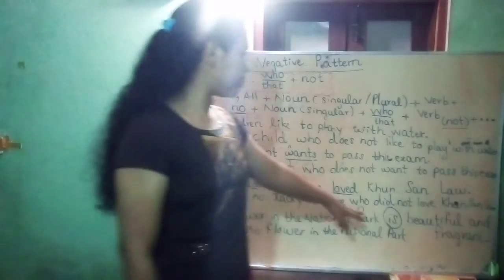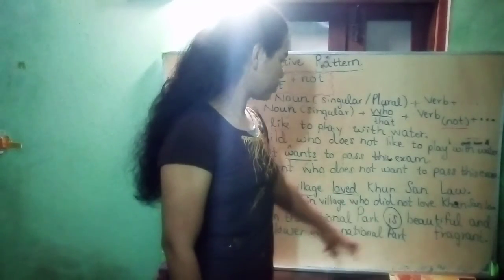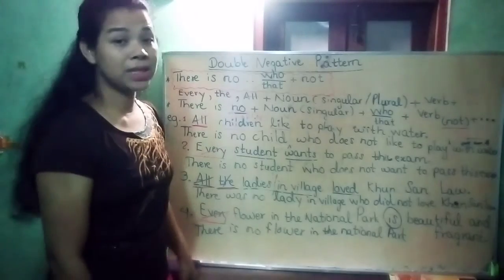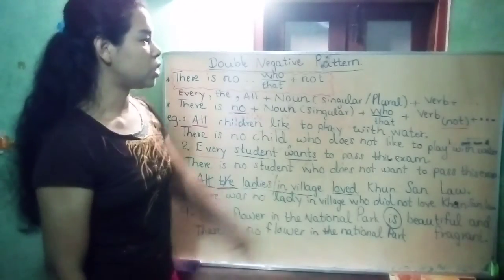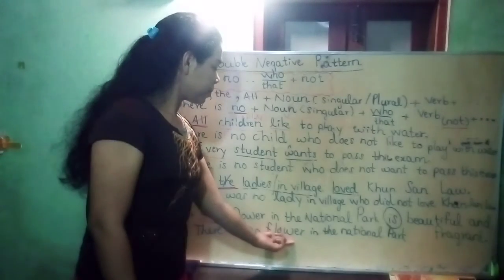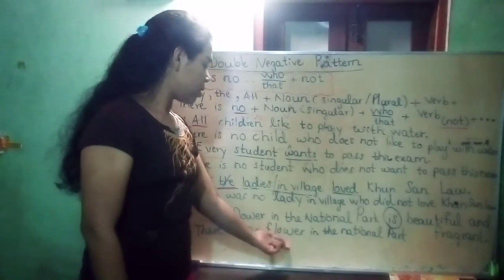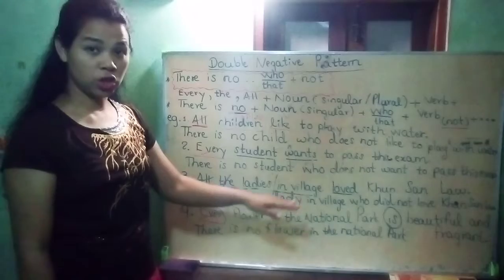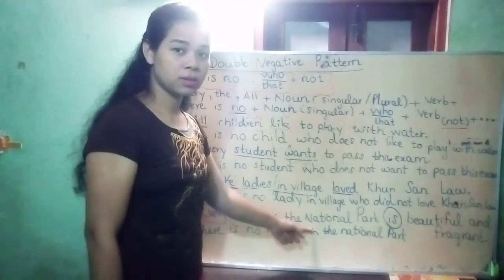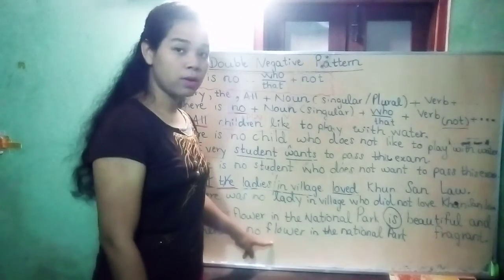And then the next step, you need to decide the conjunction, who or that. So, flower in the national park. Flowers are blooming in the national park. So, flower is the main point. So, you need to focus on flower.